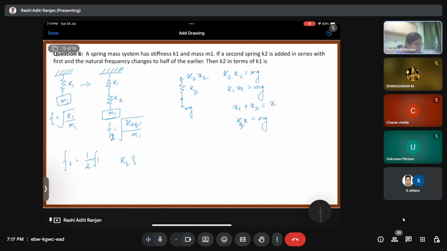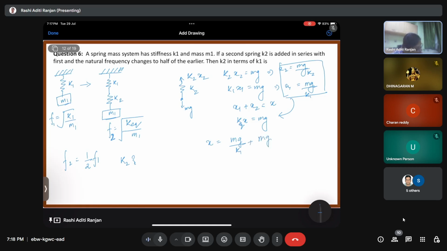Now from here I can get x2 as mg by k2, x1 as mg by k1, and if I substitute these two in this, what am I going to get? I'm going to get k_eq x is equal to mg by k1 plus mg by k2.